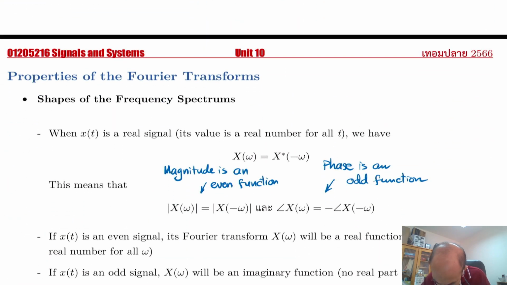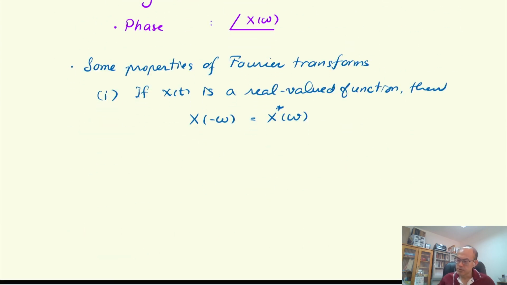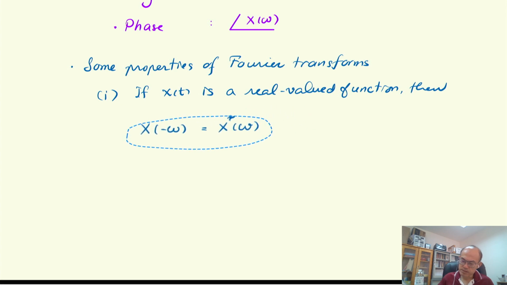So this means that the magnitude is an even function, and the phase is an odd function.